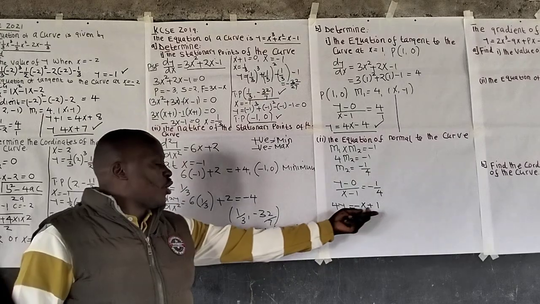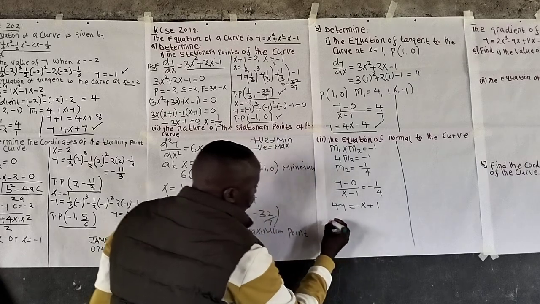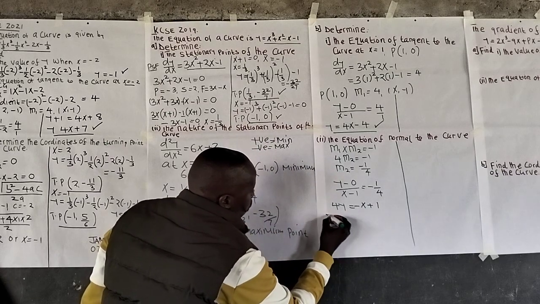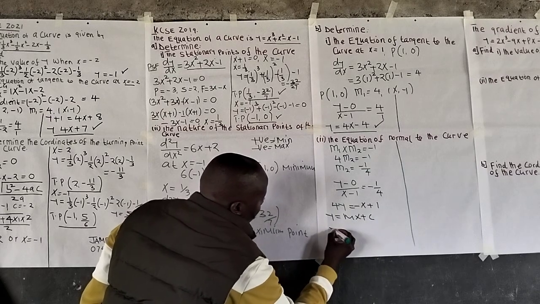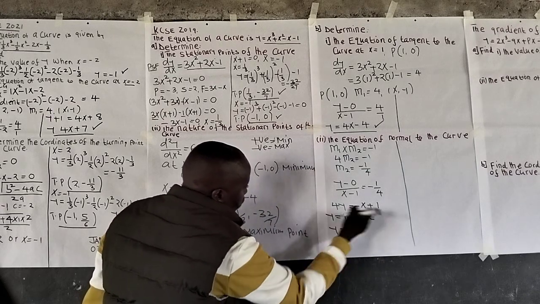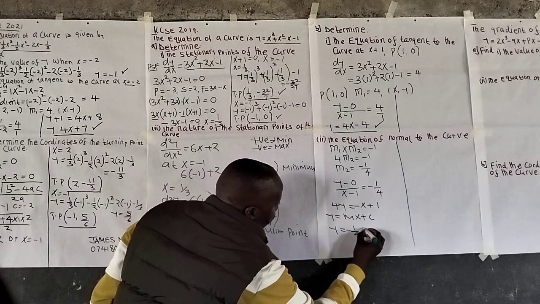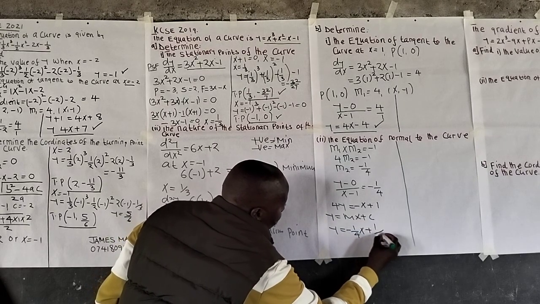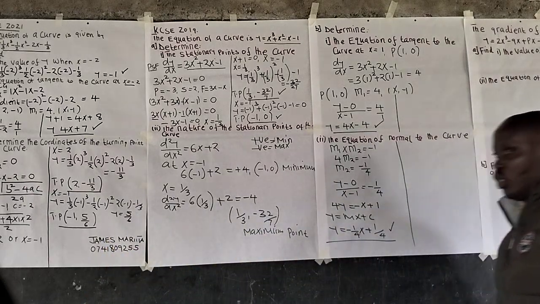So you either leave the equation like this, or you can proceed and get the equation in linear form, whereby y = mx + c, such that we have y equal to, you divide by 4, 1 all over 4 of x plus 1 all over 4. So in linear form, you will get the equation like this.